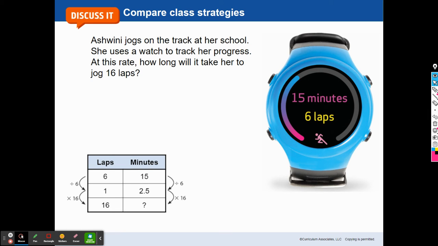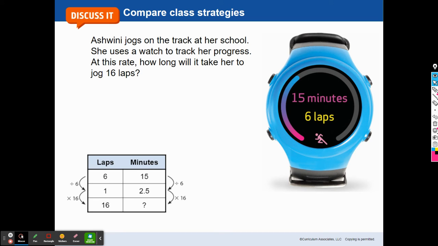All right. Ashwini jogs on the track at her school. She uses a watch to track her progress. At this rate, how long will it take her to jog 16 laps? All right, so we've got 15 minutes for 6 laps, right? So we want to know a rate.